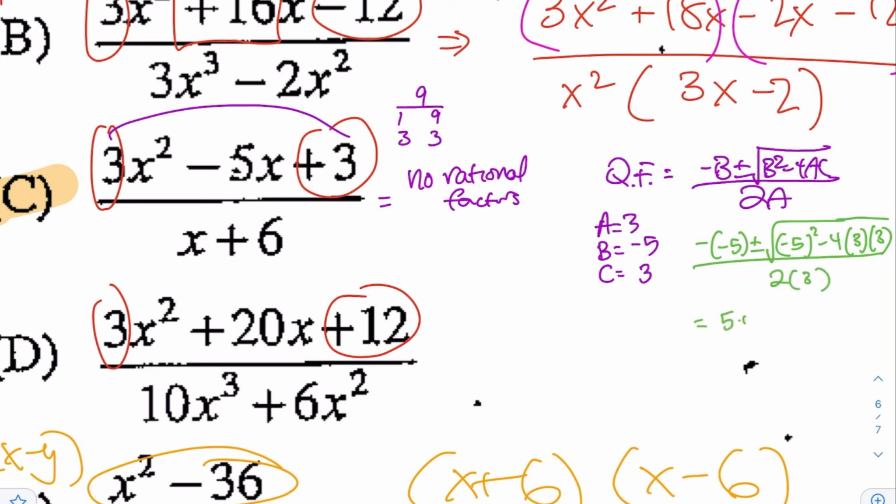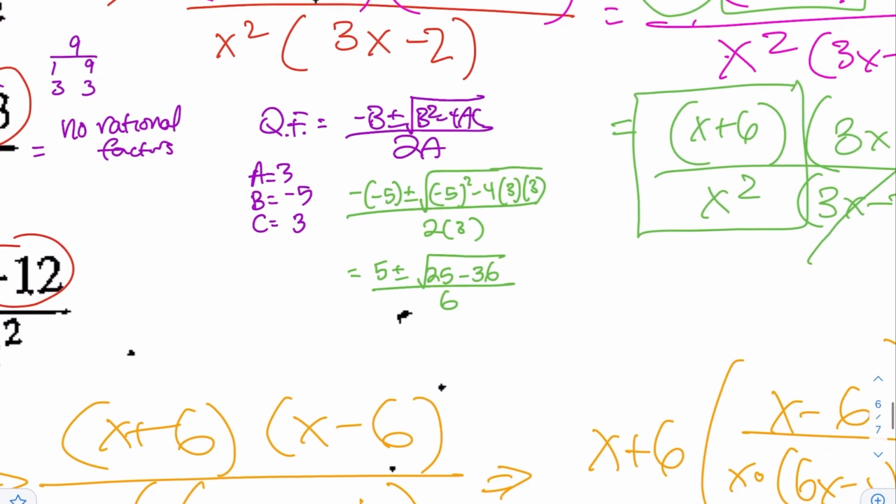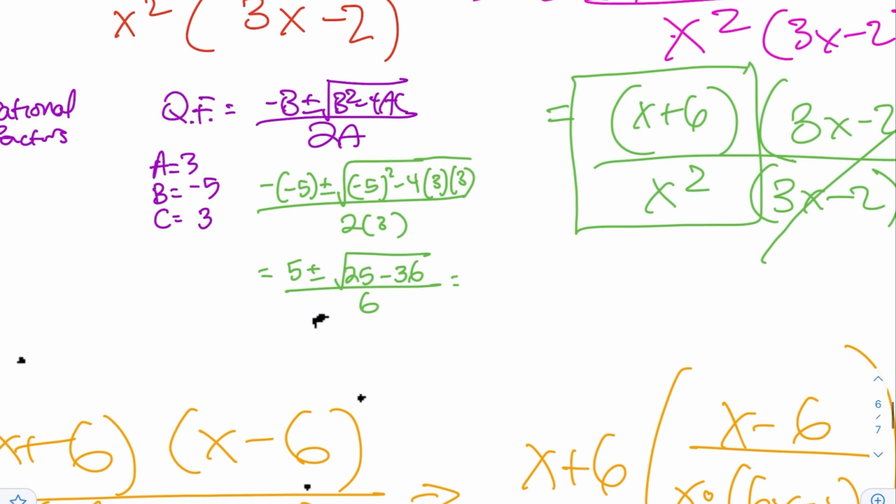So this is 5 plus or minus the square root of 25 minus 36, over 6. And here we see that you have imaginary roots because you can't take the square root of negative 11. So this would have imaginary roots if you were to solve this. There's 5 plus the square root of negative 11 over 6, and 5 minus the square root of negative 11 over 6.